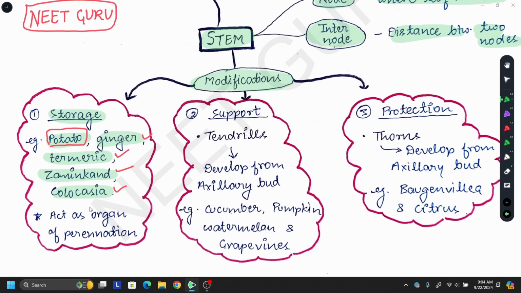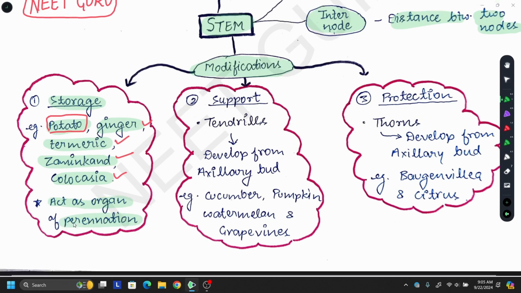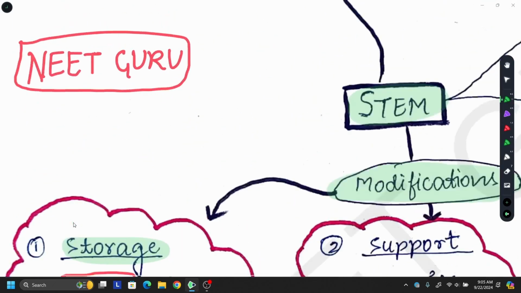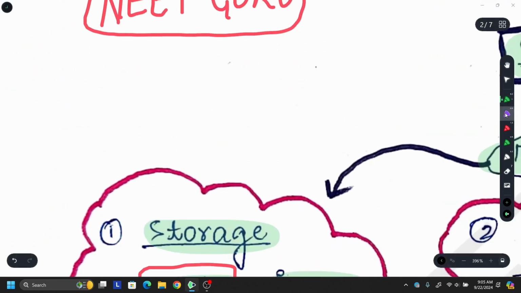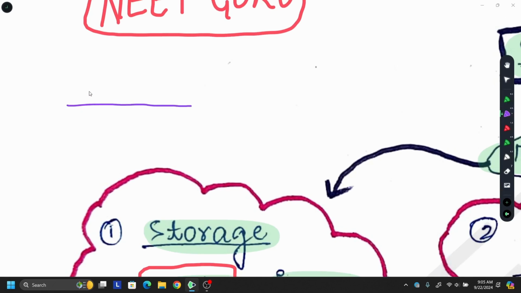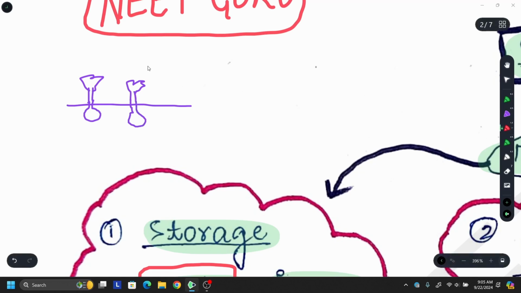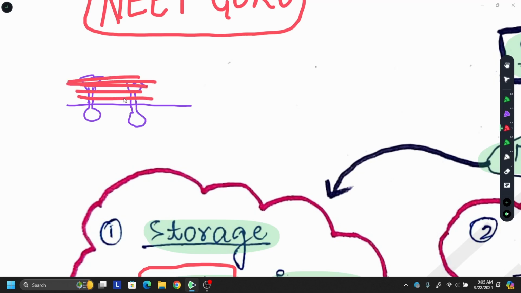So potato, ginger, turmeric, jimikand and colocasia are the stems that perform the function of storage, and these also act as organs of perennation. Now what is meant by organ of perennation? Perennation means continuity. The word perennation means here continuity. Let's take an example, then you will understand. For example, this is an area where potato plants are there. This is a potato, and this is a potato. Now let's see, due to any reason, for example due to forest fire, this whole plant is destroyed, and the whole forest is destroyed.